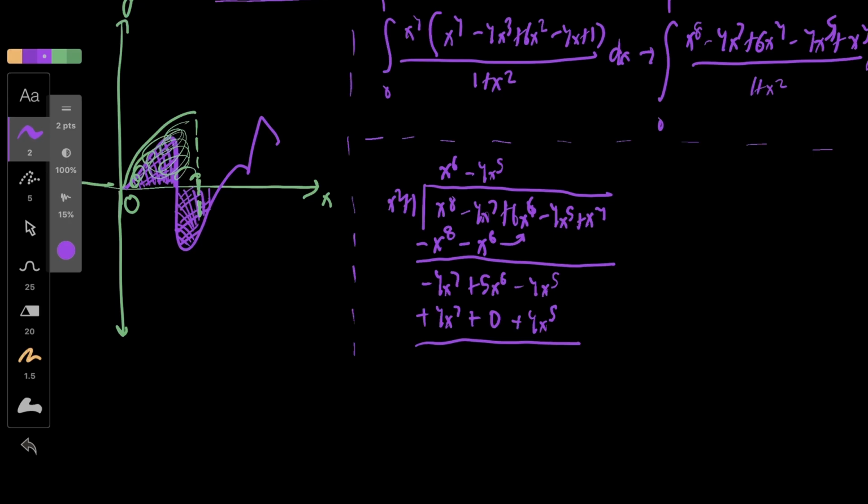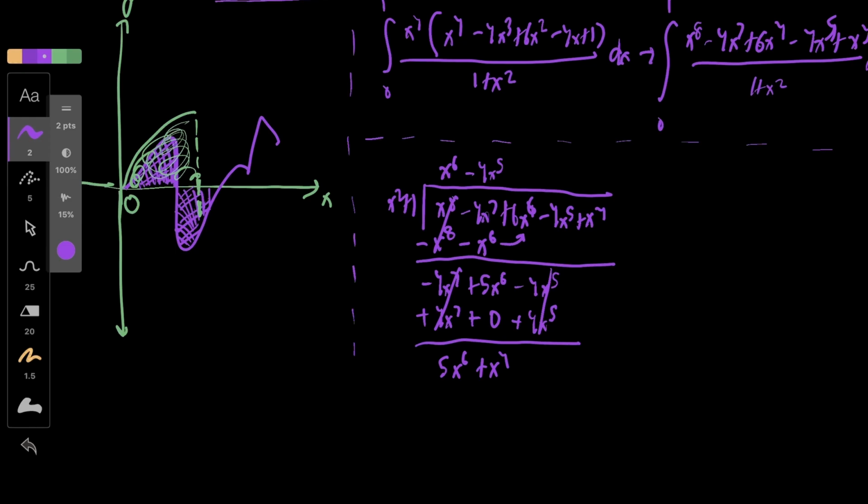This goes away, this goes away, this goes away, so we get 5x to the 6th. But you see over here, this cancels out perfectly. So since that also worked, we're just left with 5x to the 6th. Now we'll add in x to the 4th, and I said earlier I wouldn't, but these canceled out, and we do need another term to divide by.